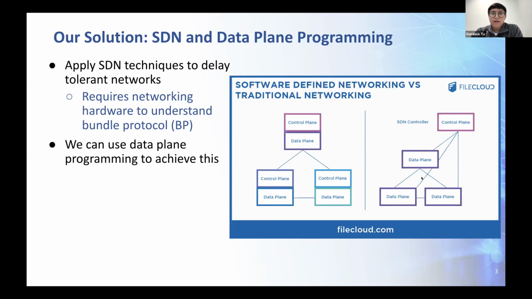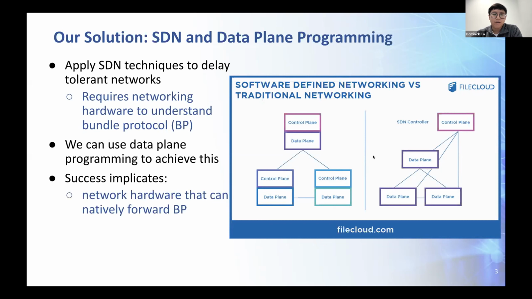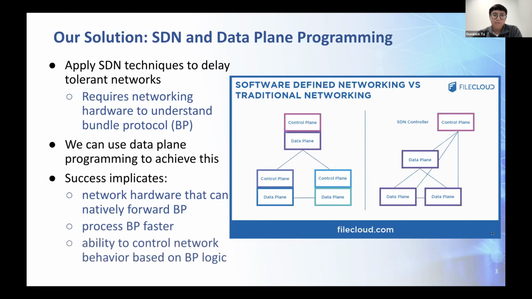We decided to use data plane programming to program routers to understand bundle protocol. If we are successful, that means we could have hardware that can natively forward bundle protocol. We could also potentially process bundle protocol faster than we can do in software. And we would also have the ability to control network behavior based on bundle protocol logic at the control plane level.